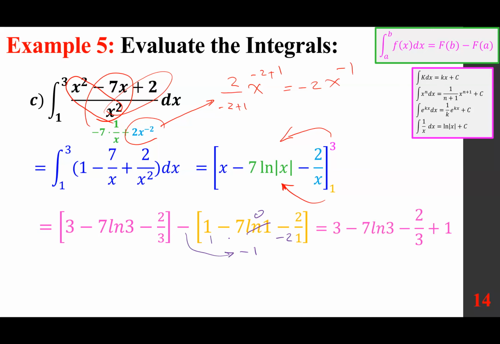So what happens now? 3 and 1 is a 4 minus 2/3. 4 is 12/3 minus 2/3 is 10/3. I don't touch minus 7 ln 3 because this is an exact answer, everybody. Okay, this is an exact answer.